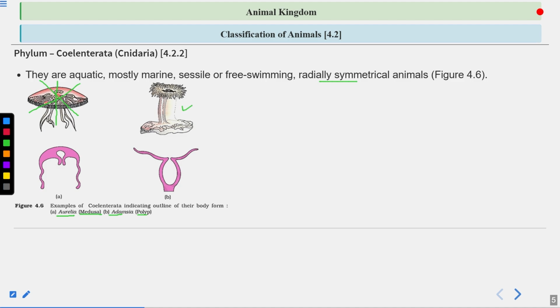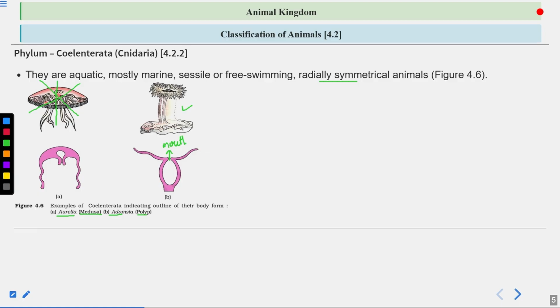The polyp you see here has this spongocoel cavity, a cavity-like structure inside. And what you see here is the mouth. The mouth is upward in the polyp stage.